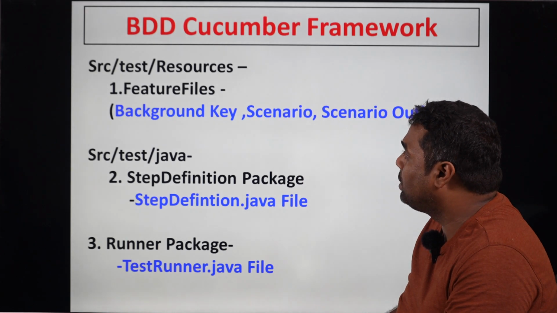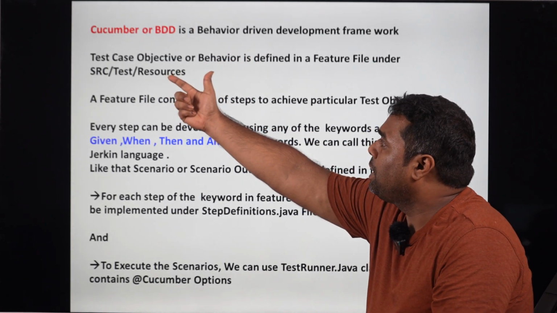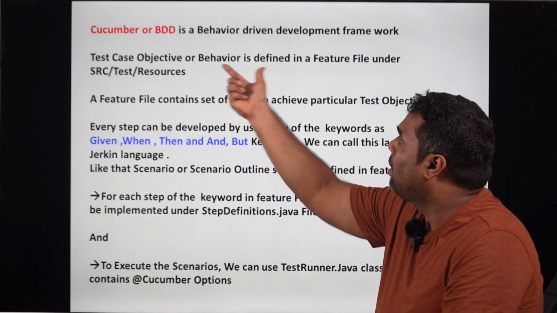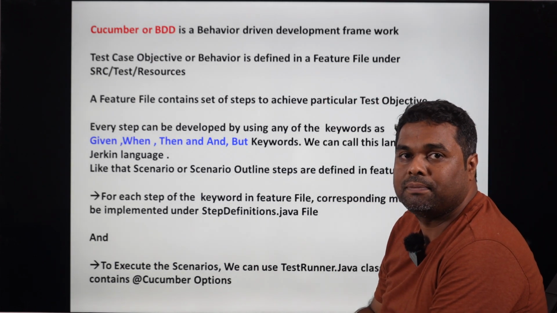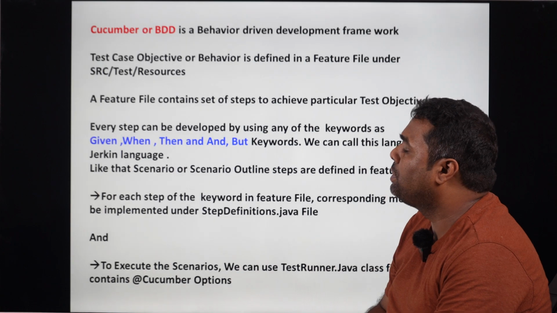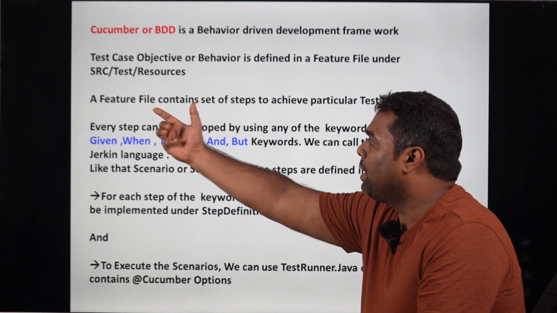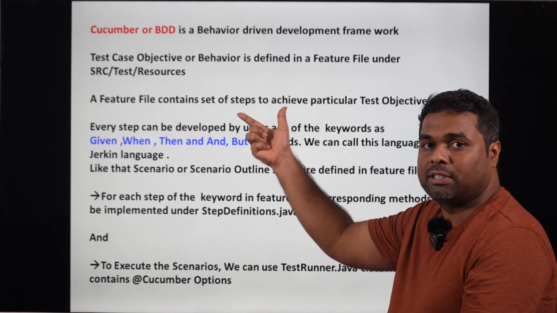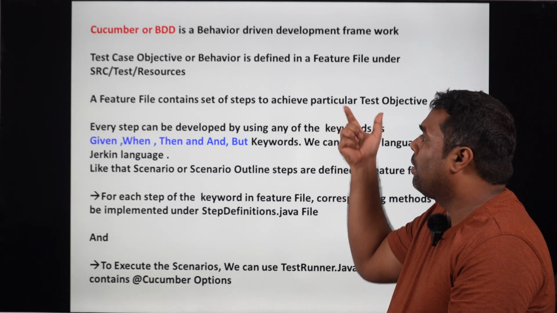Let us go to the feature file. The test case objective or behavior is defined in a feature file under src/test/resources. Simply, we can say a feature file contains a set of steps to achieve a particular test objective.